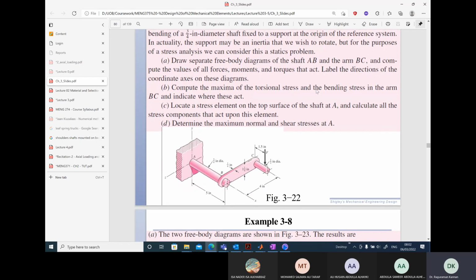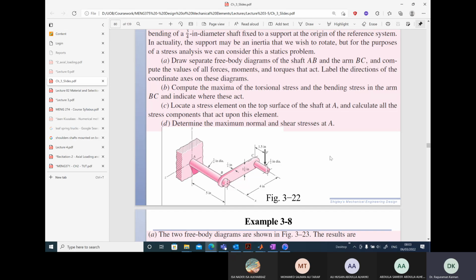Compute the maximum torsional and bending stress in the arm BC. Locate the stress element on the top surface of the shaft at A. So basically here. And calculate the stress components that act upon the element. Determine the maximum normal and shear stresses at point A.